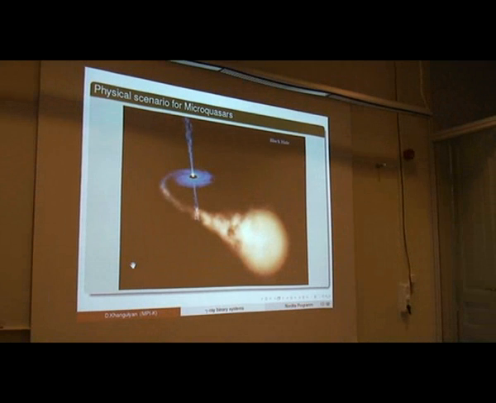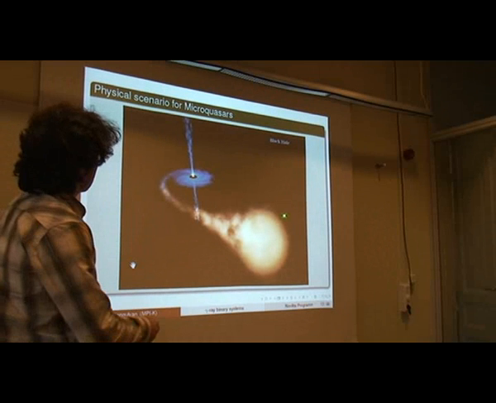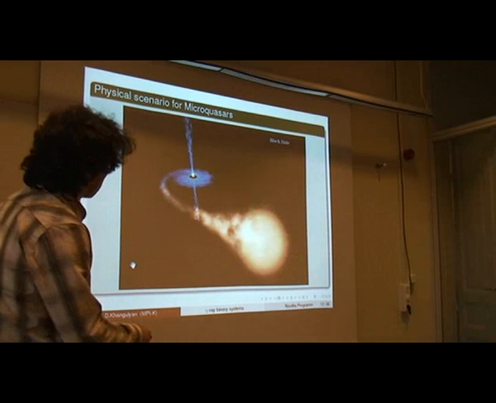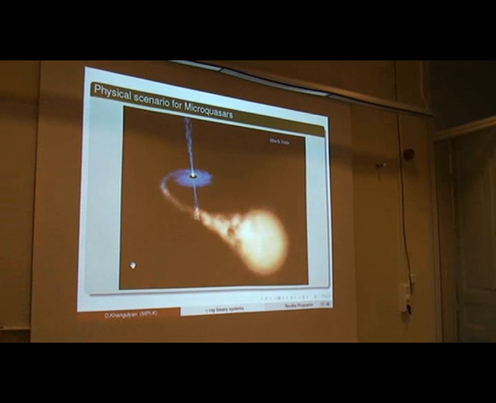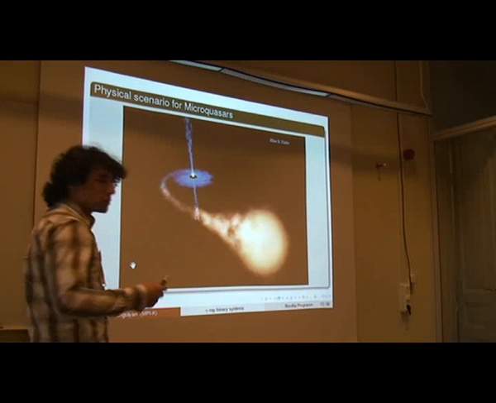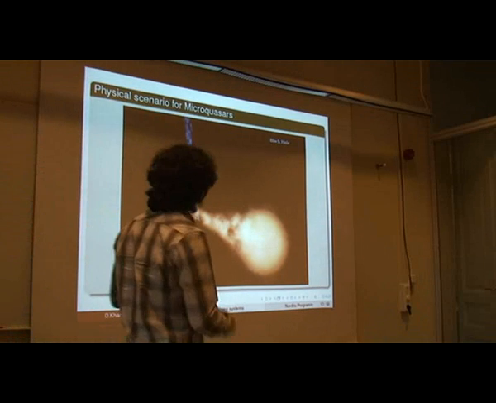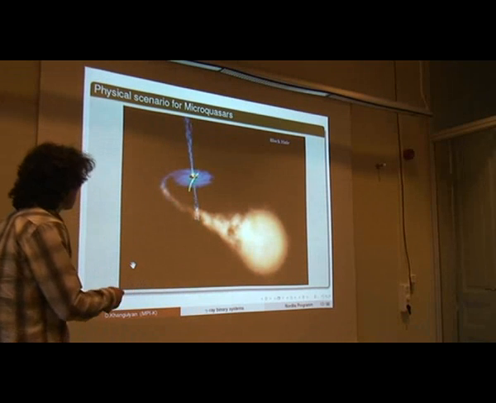And here you may see an artistic representation of a microquasar. The matter from the donor star accretes to the compact object, which should be a black hole or neutron star. It forms an accretion disk, which emits thermal X-ray emission, and it launches jets.